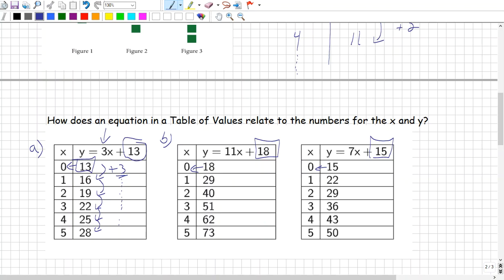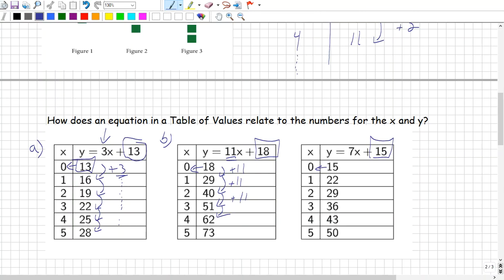And the other value in front of the X, the coefficient, should be the number it's going up by every single time. So let's check. 18 to 29, yeah, that's plus 11. 29 to 40, that's plus 11. 40 to 51, that's plus 11. So the 11, the value it's going up by each time, represents the coefficient in front of X.